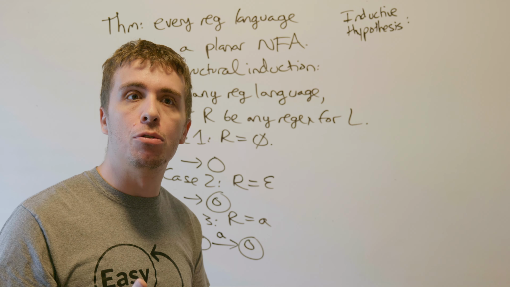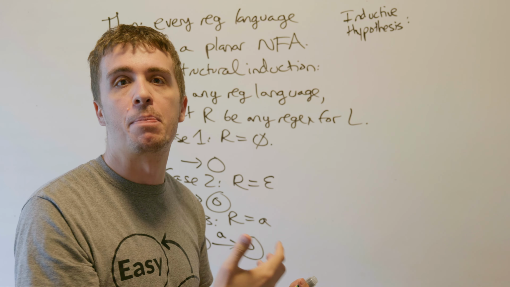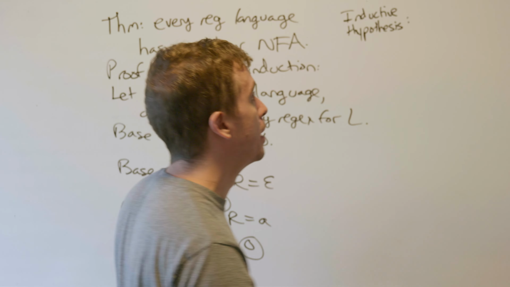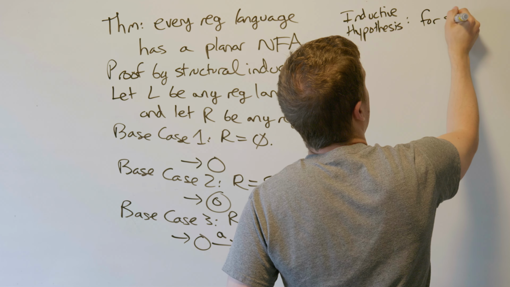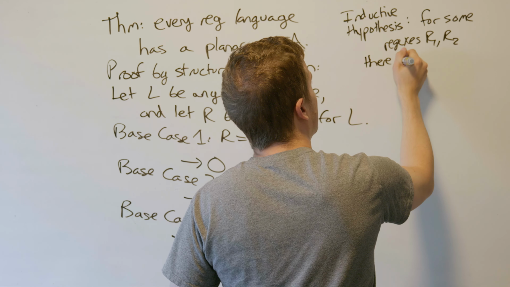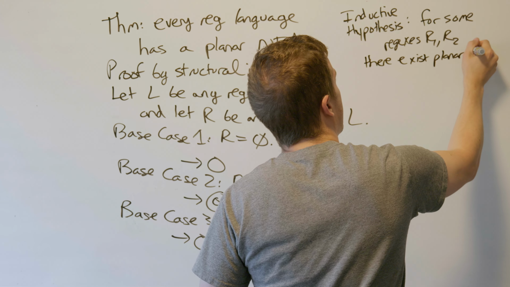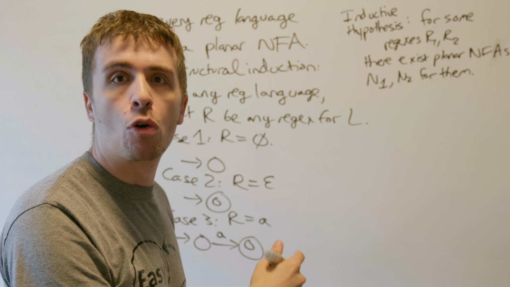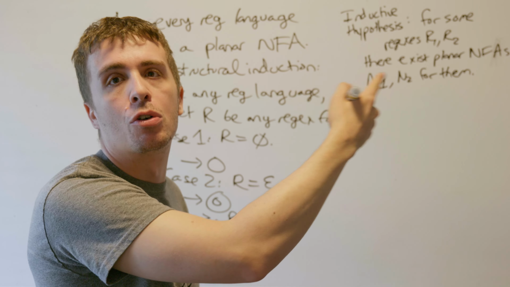And so we need to make this inductive hypothesis be about 2 regexes instead of 1, but it's the same idea. So for some regexes R1 and R2, there exist planar NFAs N1 and N2 for them. And of course, N1 corresponds to R1, N2 corresponds to R2.